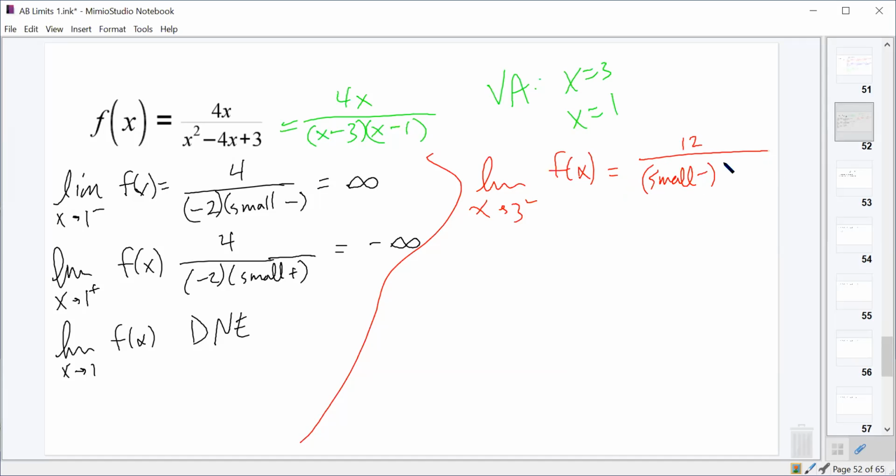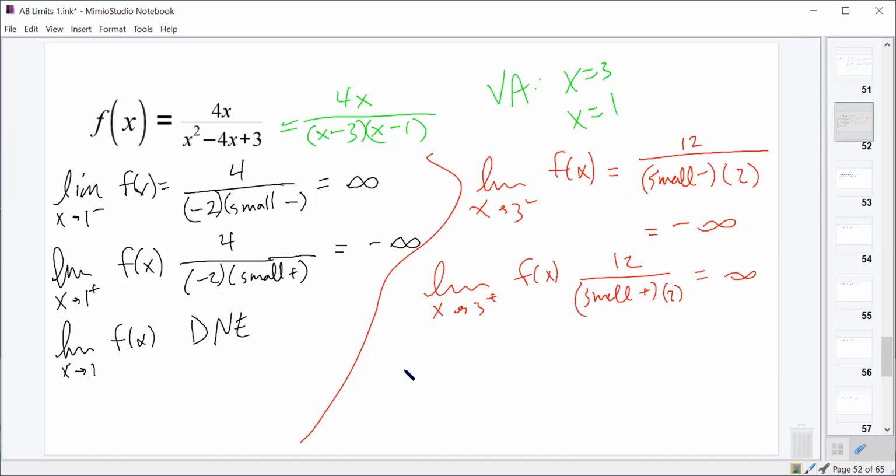And 3 minus 1 is just 2. So what does that give us? Negative infinity. And as we approach 3 from the right, we've still got 12, and now we've got a small positive times our 2, which is positive infinity.